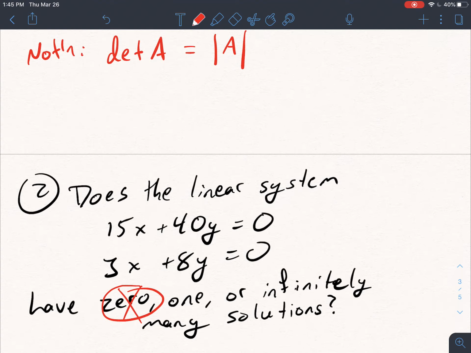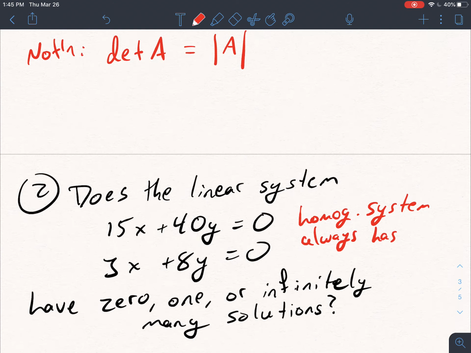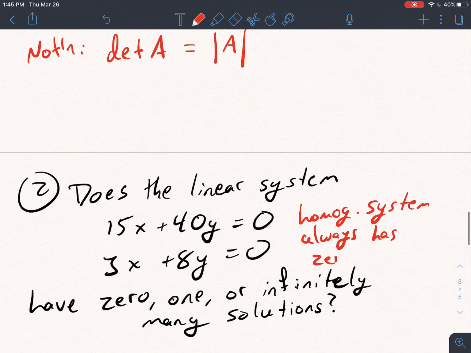It's impossible for there to be 0 solutions to this because this is a homogeneous system, which always has the 0 solution.